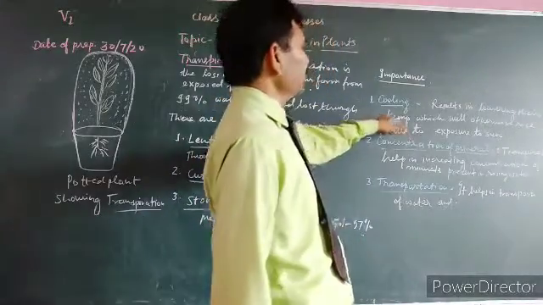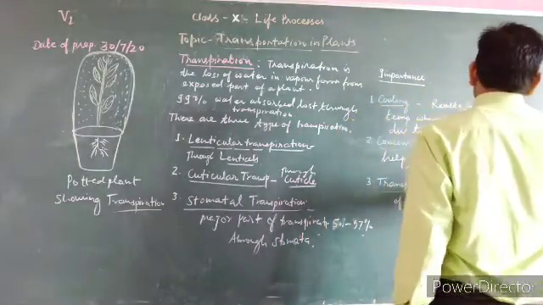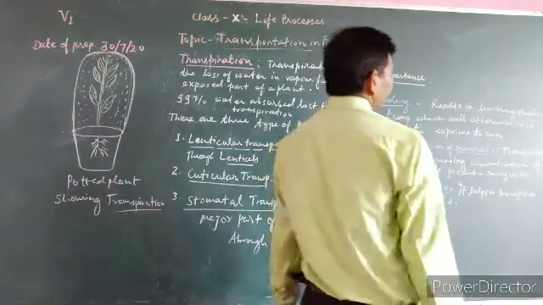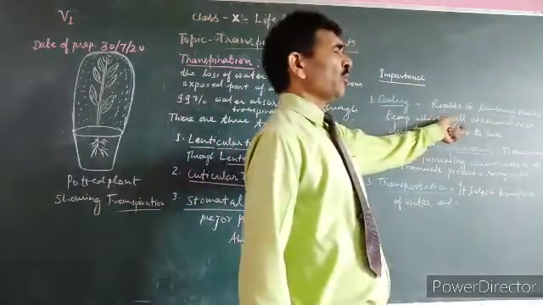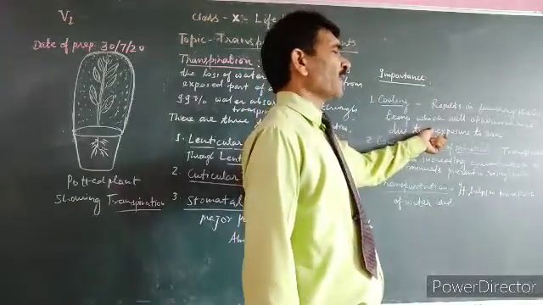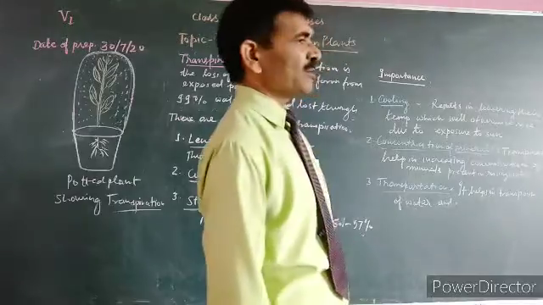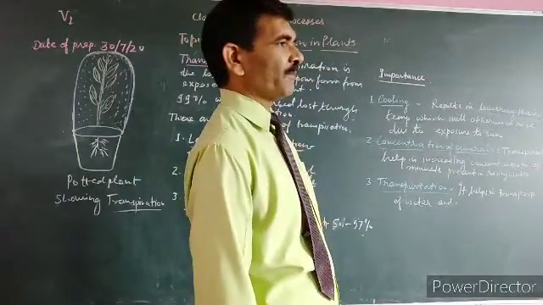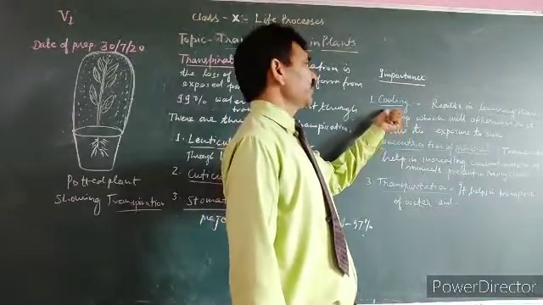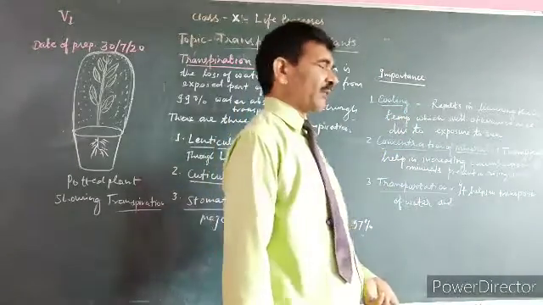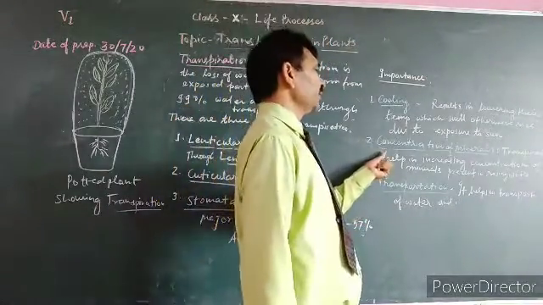The temperature of the surface of the plant is reduced, or transpiration results in lowering the temperature, which would otherwise rise due to exposure to the sun. Temperature is lowered by transpiration, which causes cooling of the plant body.